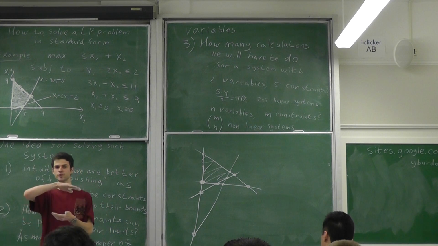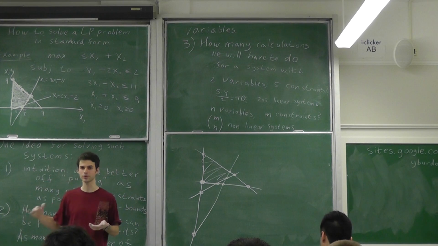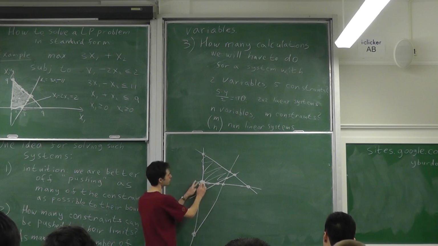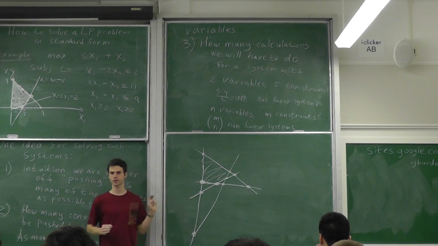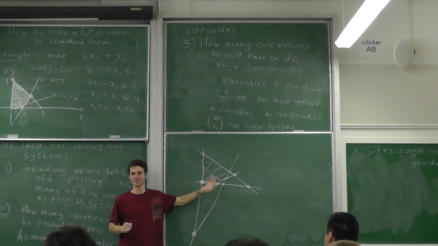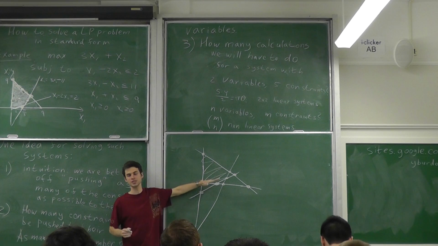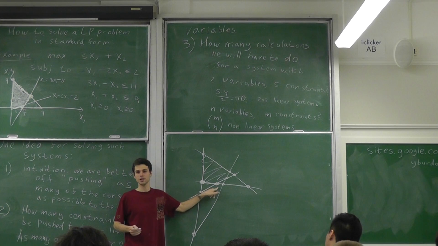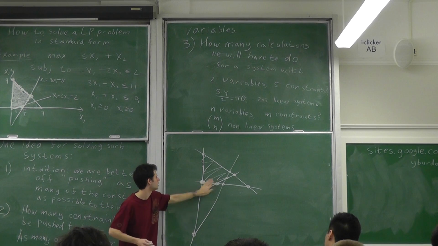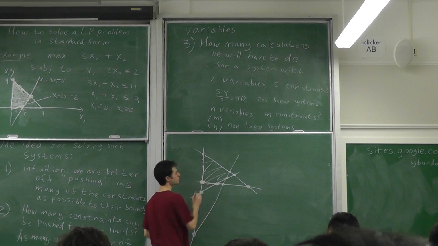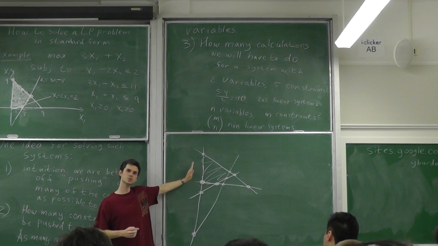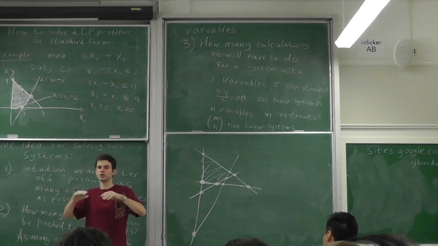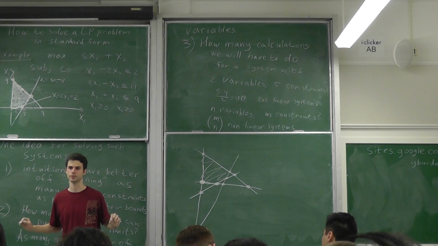Along this edge, my objective function is either growing or going down. If it's growing, I'll push from here to this point. We'll see how to do this algebraically, but the idea is like this. If my function is increasing along this edge, I push the point towards the next vertex. If it is decreasing, I will not touch this edge. I will also consider this edge. If the function is increasing along this one, I'll push in this direction. If it is decreasing along both directions, I have an optimum.